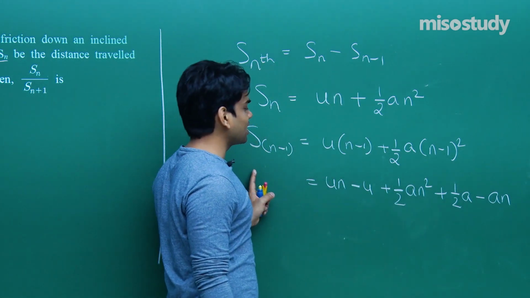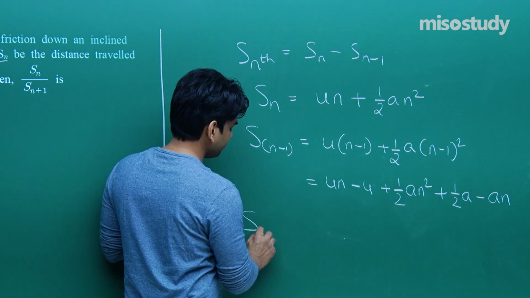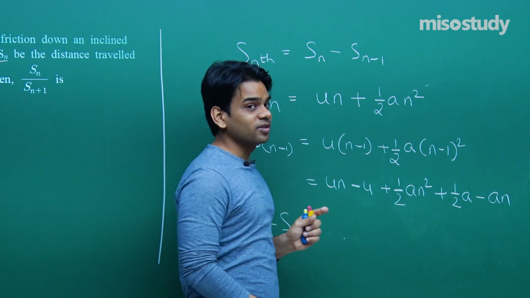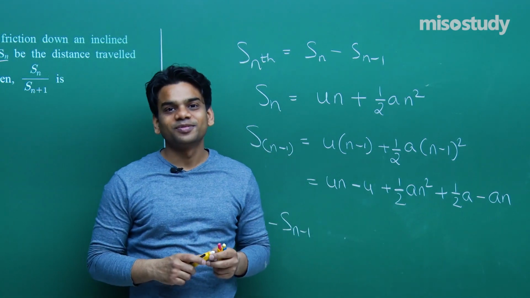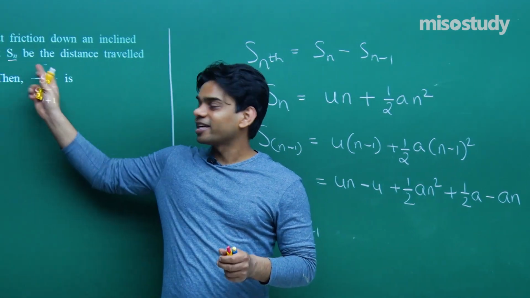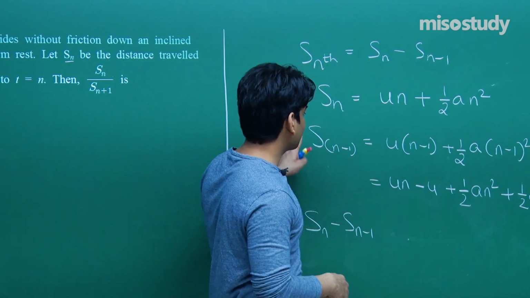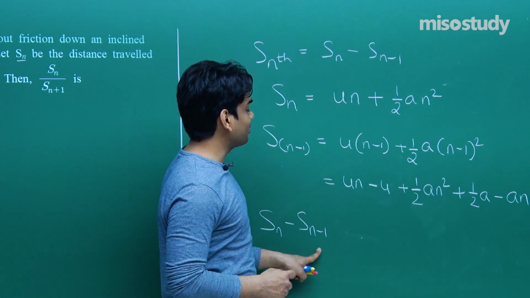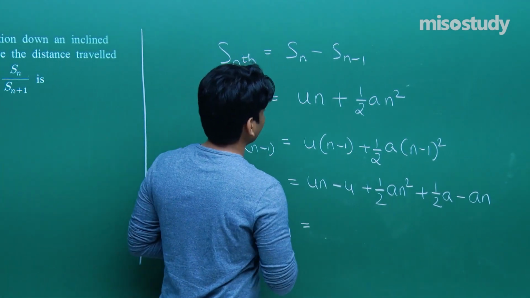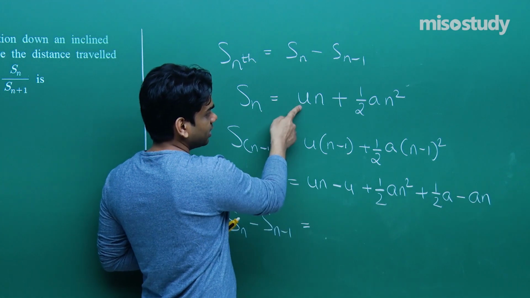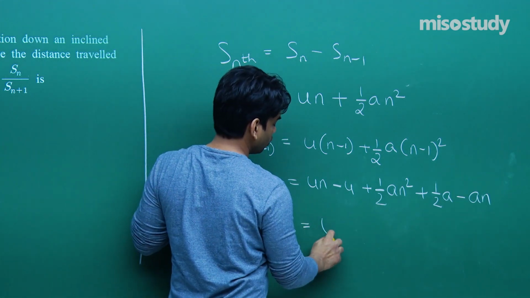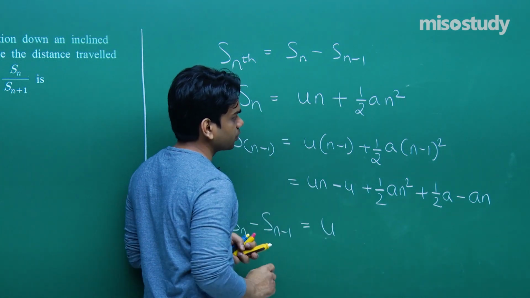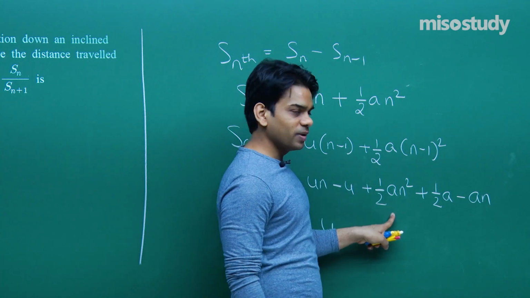So Sn minus Sn minus 1, see what you are going to obtain. Remember, the terms I am using, Sn and Sn minus 1, are not the same as the Sn given here. This is the distance traveled in n seconds, and the distance traveled in n minus 1 seconds; the distance traveled in the nth second we will use later. Now u n minus u n cancels out, then minus minus becomes plus, and half an square cancels out.